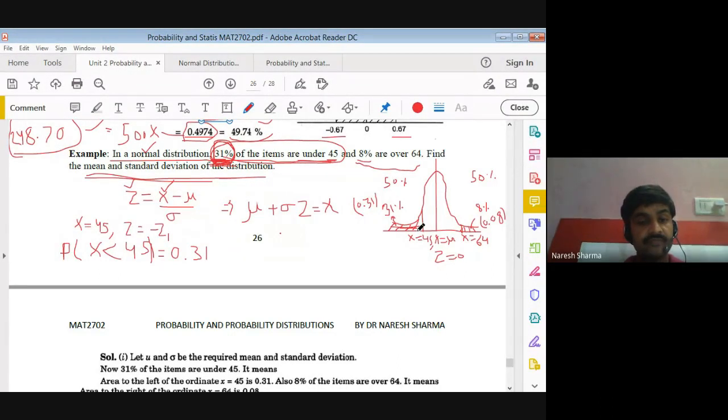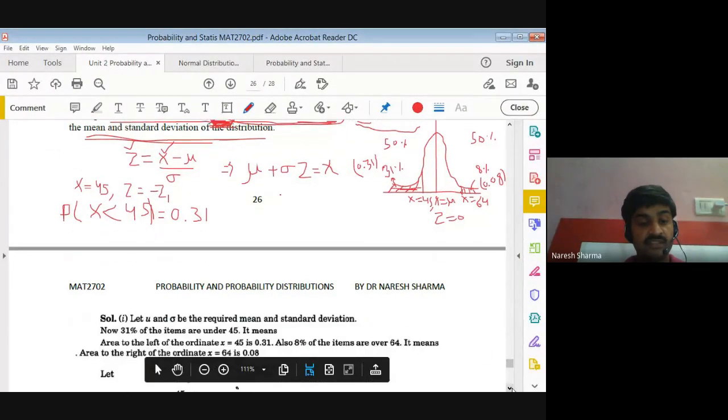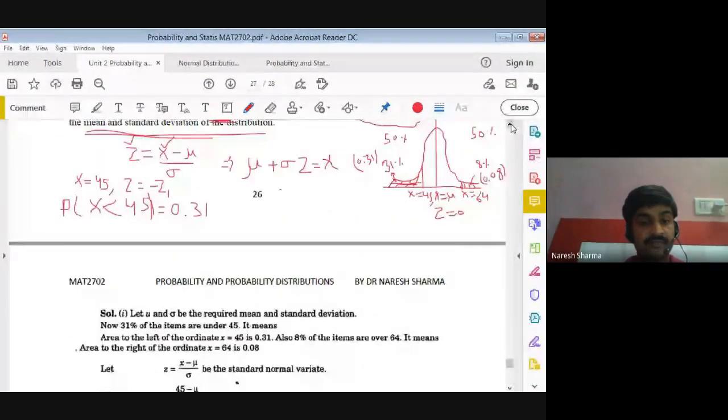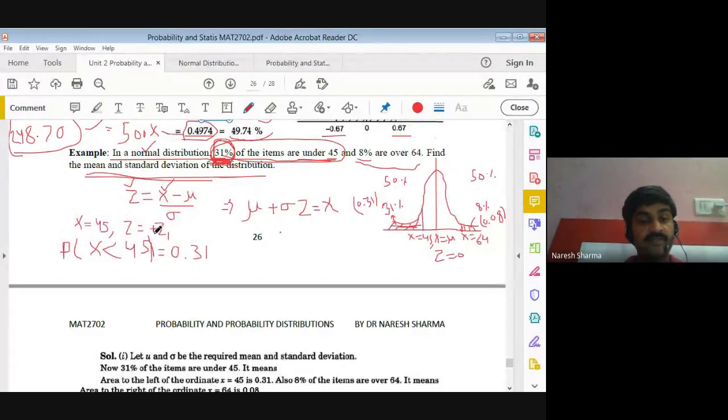So when x is 45, z is z1, and the probability is 0.31.